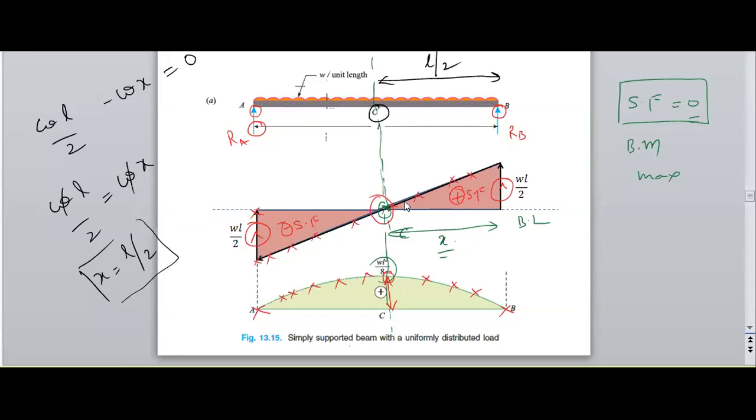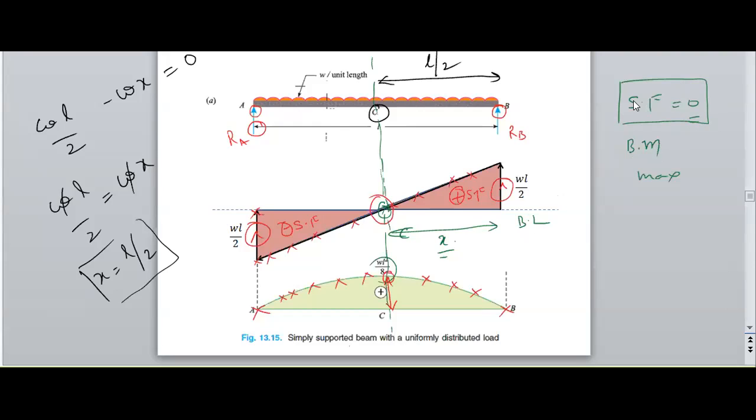So from the shear force diagram graph, I am observing that it is touching the baseline. That means the shear force is equal to 0 at that location, because it touches the baseline.